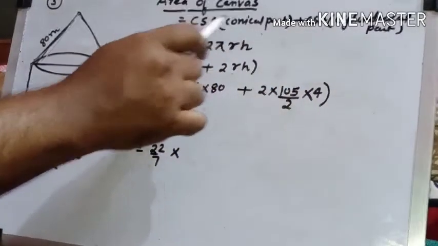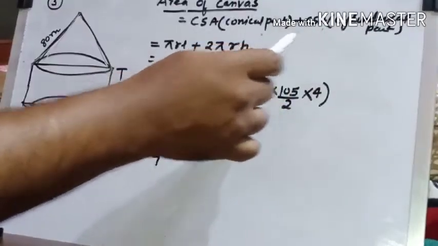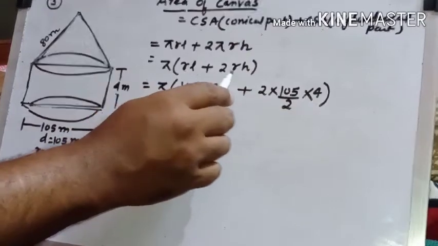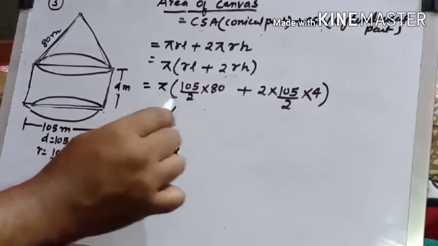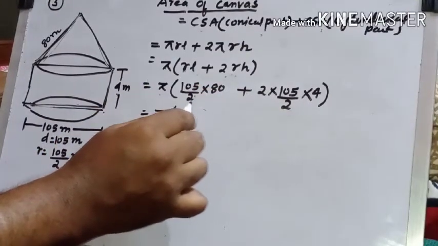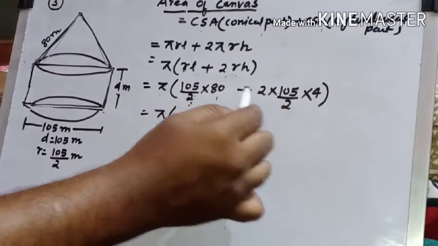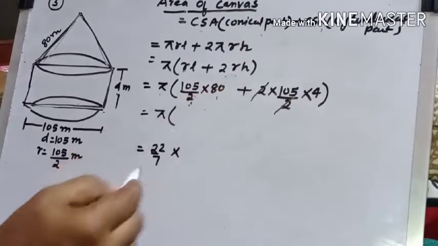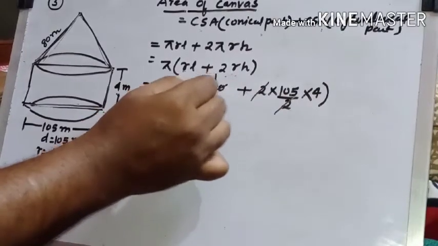Curved surface area of conical part is pi rl, and cylindrical part will be 2 pi rh. Pi I have taken common, so it is rl plus 2 into rh. We'll put the value pi, r is 105 by 2 into 80 plus 2 into radius is 105 by 2 and 4. This 2 and this 2 will be cancelled. This 2 is cancelling 80 how many times? 40 times.